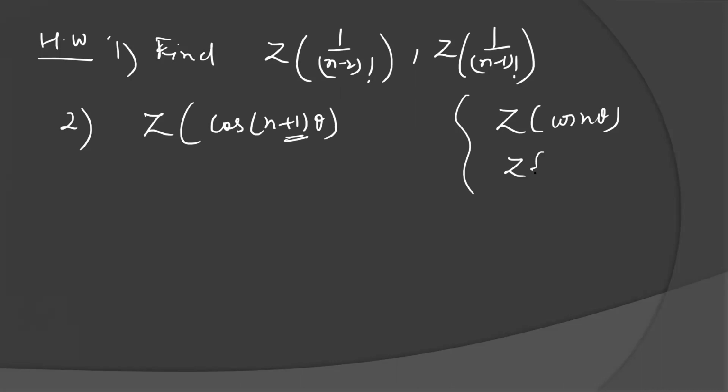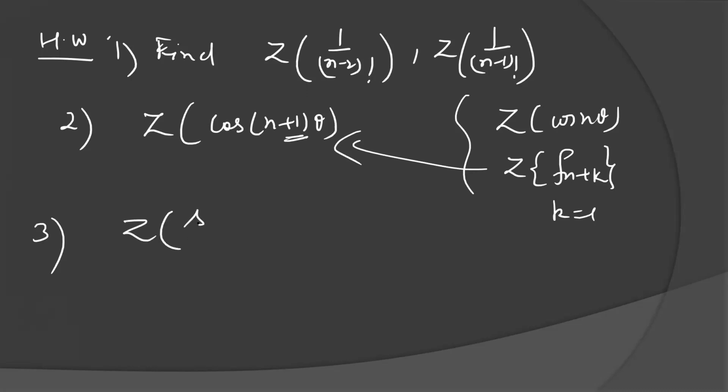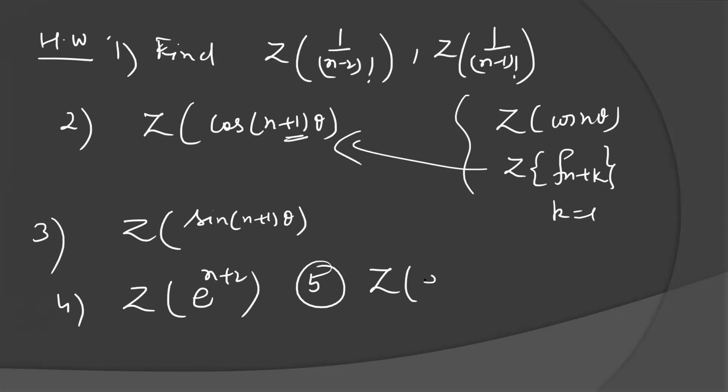Then use the result of f(n plus 1), because you are replacing n by n plus 1. And you know the result of f(n plus k). If you put k equal to 1, you will get this result. Similarly, you find the z-transformation of sin((n plus 1) theta) using the same theorem. Z-transformation of e to the power (n plus 2). Z-transformation of e to the power (n minus 2). So these are the exercises for you.